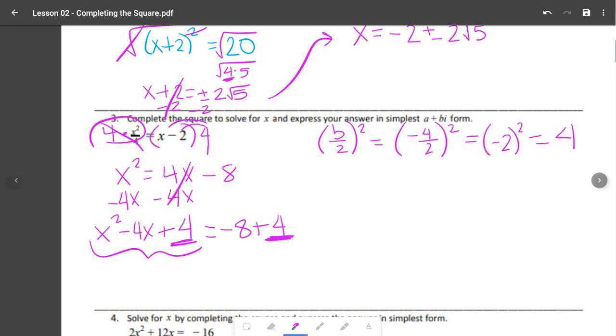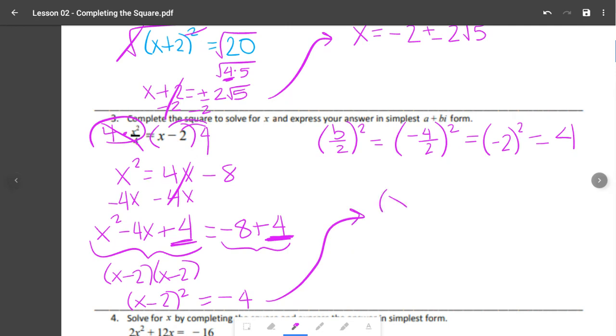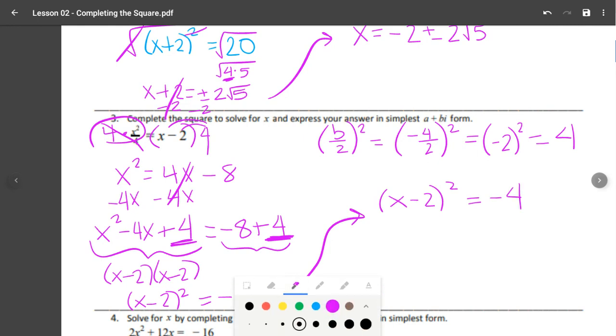So adding 4 to both sides, we can now factor the trinomial x minus 2, x minus 2, which is x minus 2 squared. On the right, negative 8 plus 4 is negative 4. So right now we have x minus 2 squared equals negative 4.